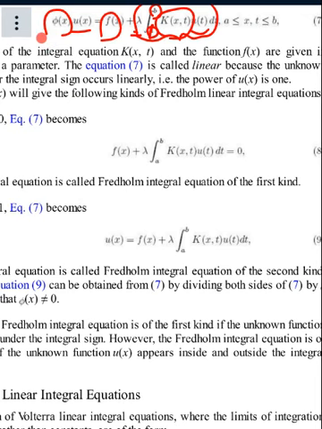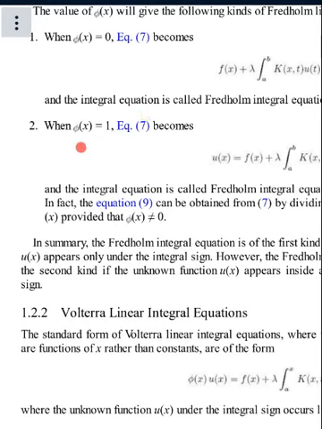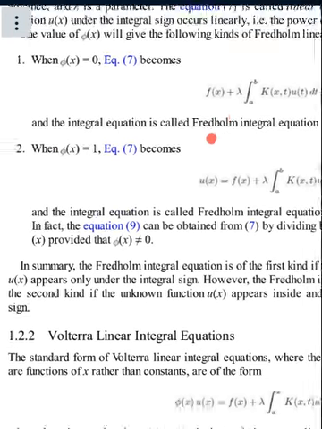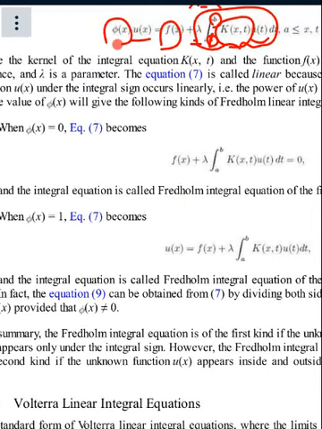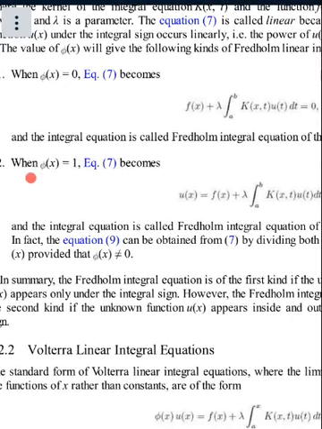In the first kind, we have phi equals 0, and in the second kind, in general, this function phi can be any non-zero function, but here we have a special type. Actually, if you have any non-zero function of x, you can call them Fredholm integral equations of the second kind, but here the author considered just one case, and it is when phi of x equals 1.